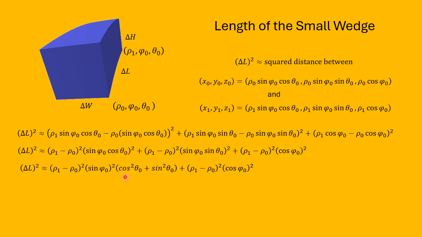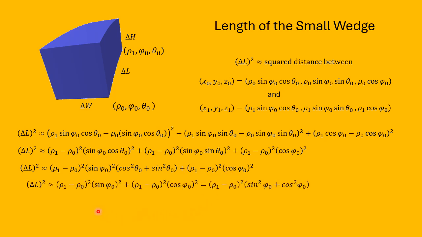And so what we're going to get in that case is this factor times this factor, which we just saw, times cos² θ₀ plus sin² θ₀. Okay, and so this stuff right here is a simplification of these two terms. We also have this third term here, and I'm basically going to leave that the way that it was.